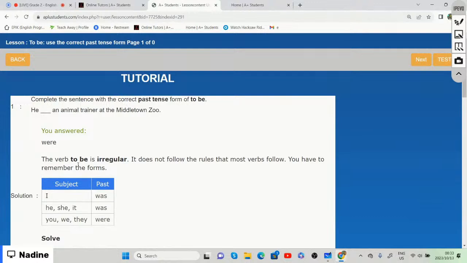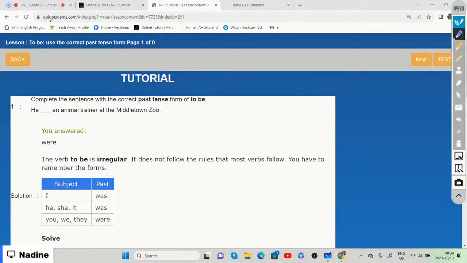All right. Here we say he, right? So he being the subject. This is now to complete the sentence with the correct past tense form, right?